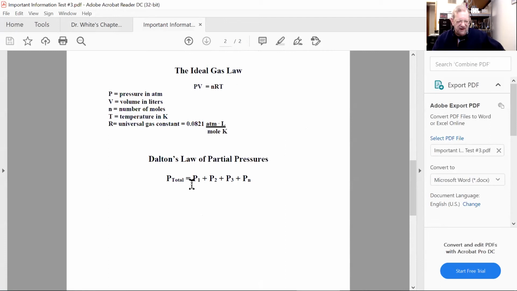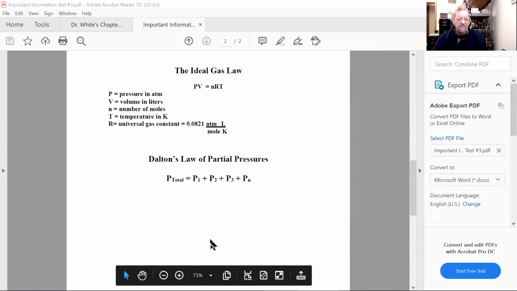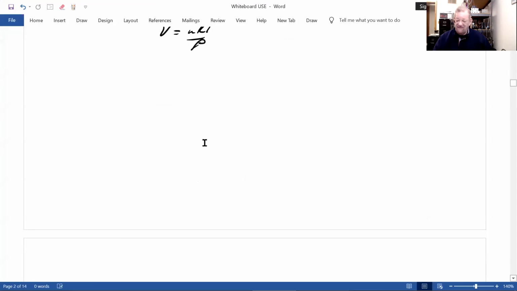That's the total pressure of a mixture of gases is the sum of the partial pressures of each of the gases. And the partial pressure is what would be the pressure of that gas in a mixture if it was alone. So Dalton's law, which you're given, P total equals the sum of the individual partial pressures. So since I don't have a problem for you, I better give you one.